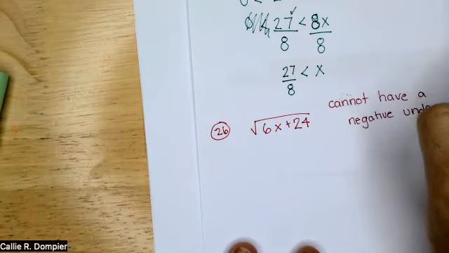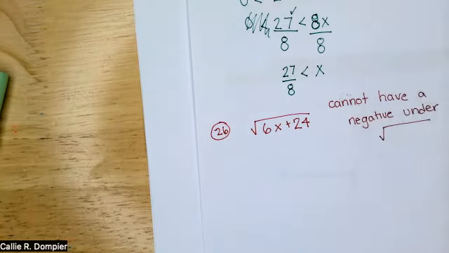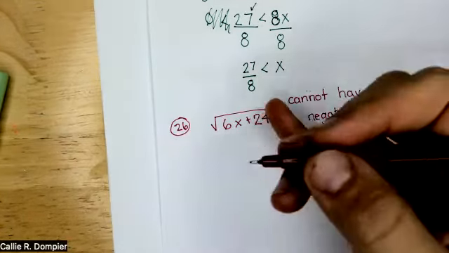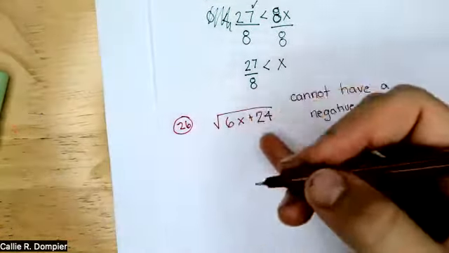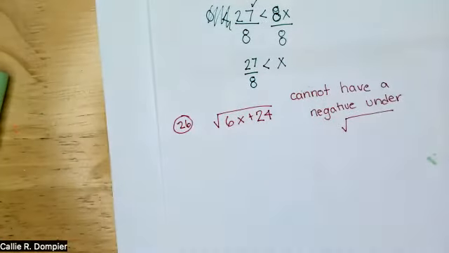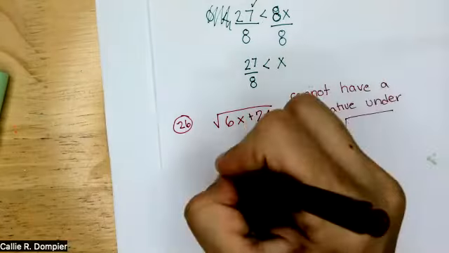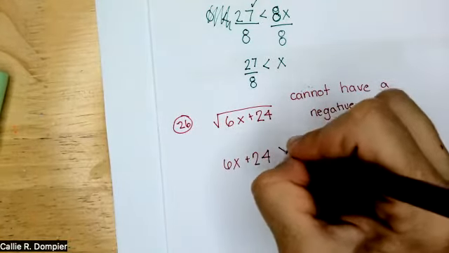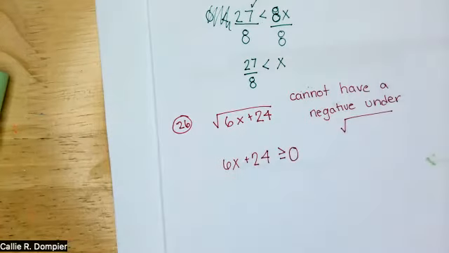So the domain of this expression is that everything under here must be greater than or equal to 0.